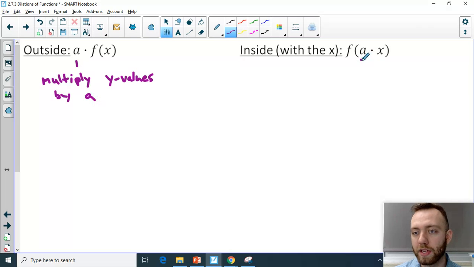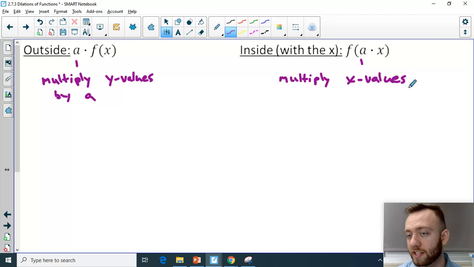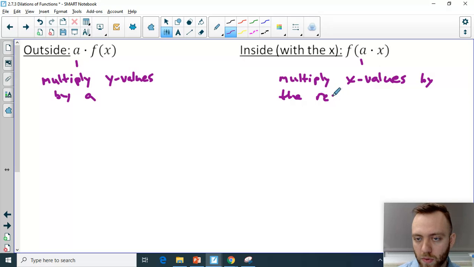And then what happened here was we multiplied the x values, now that we're inside with the x, not by a, but really by the reciprocal of a, right?